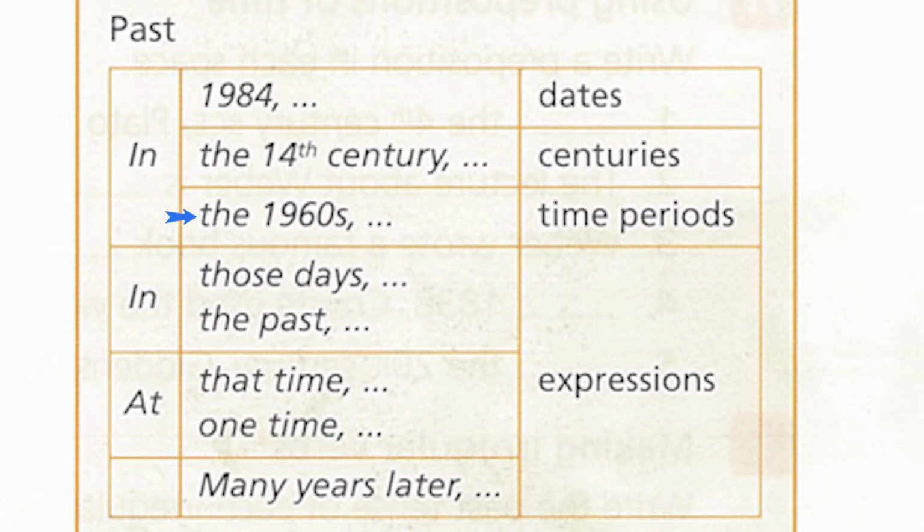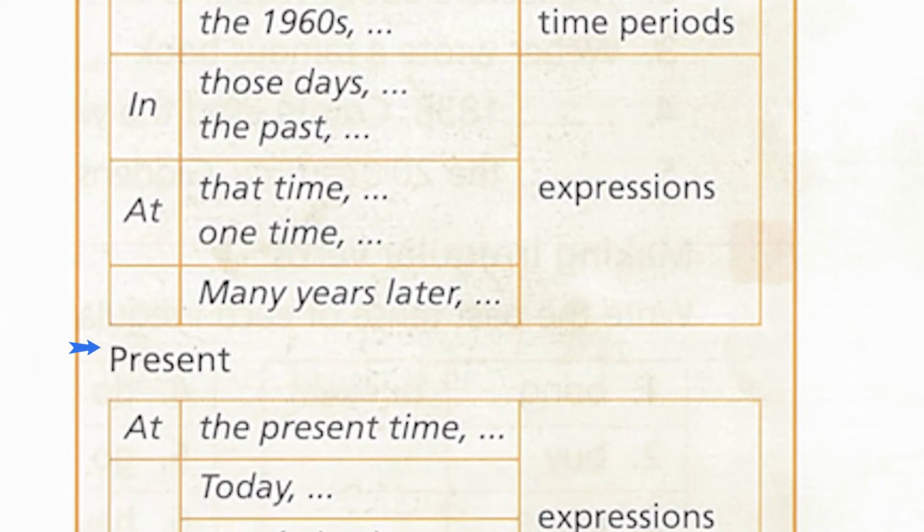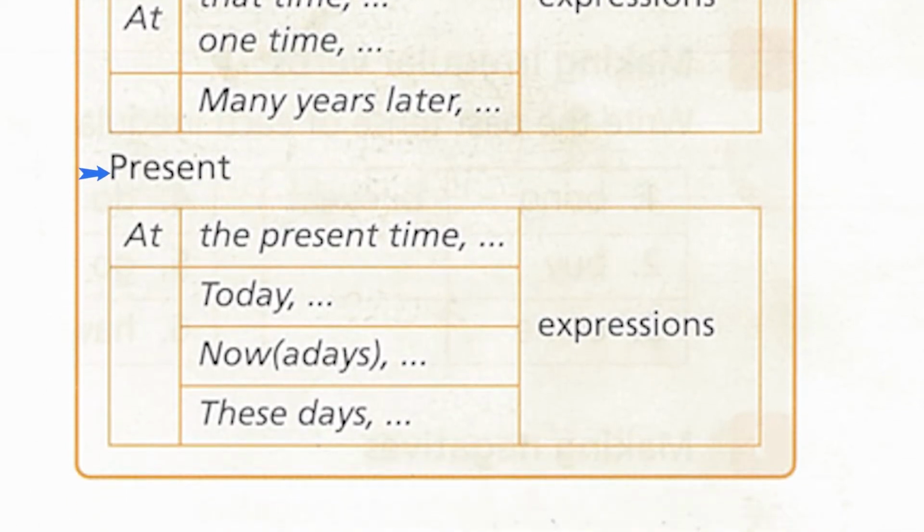There's also expressions that can be used for this, such as in those days or in the past. We also have at that time, at one time, or many years later. As for the present, we also have some more expressions, like at the present time, today, now or nowadays, and these days.